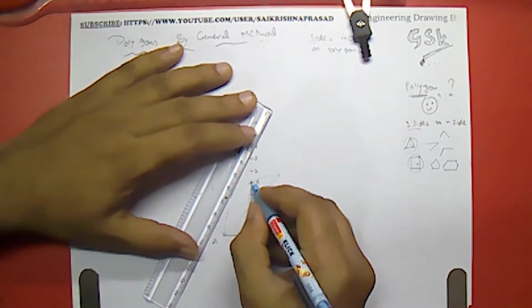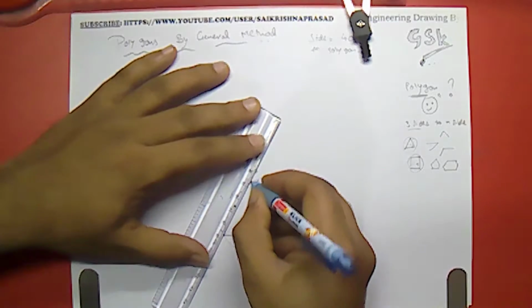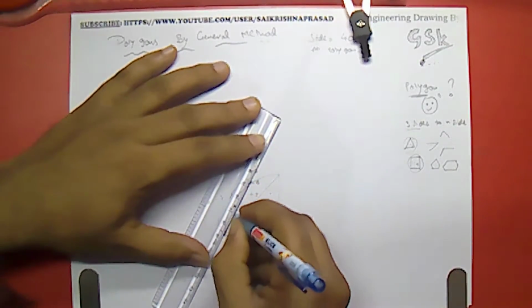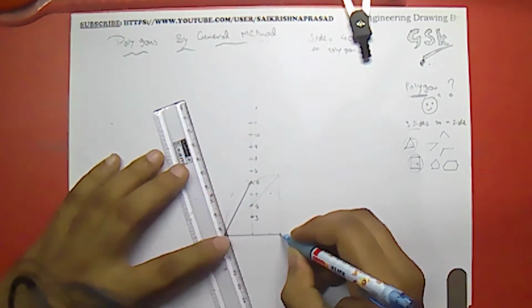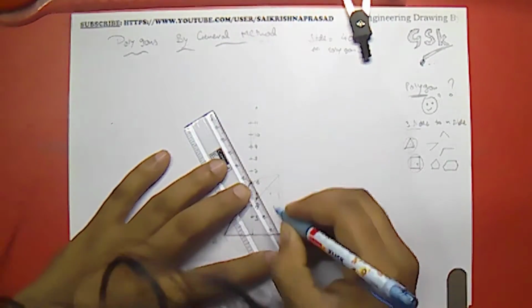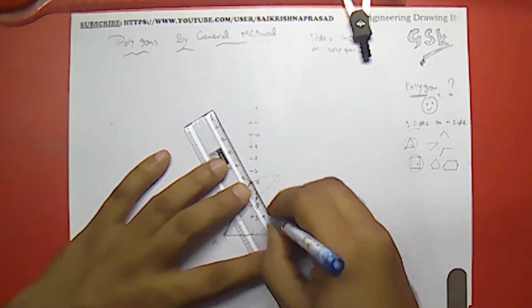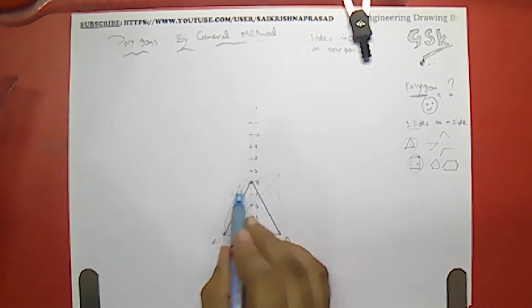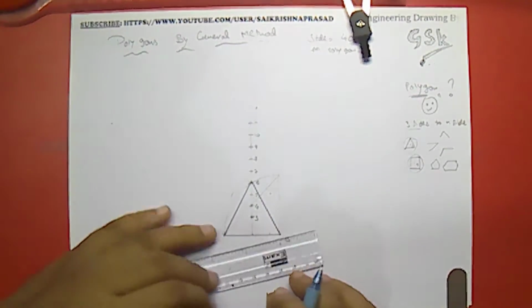You will get another point on this circle. Now you can see the triangle for this.